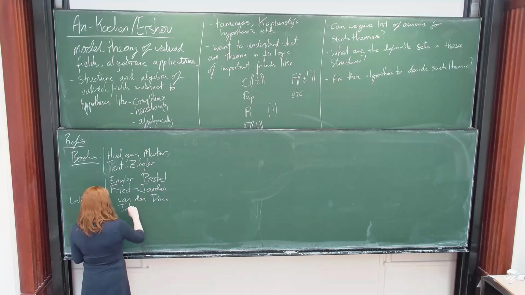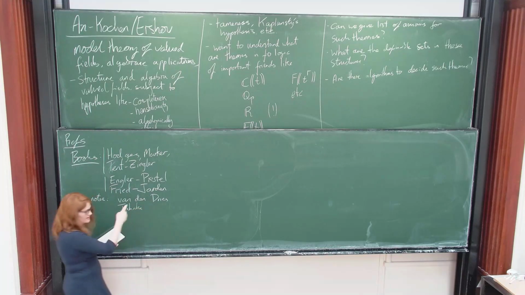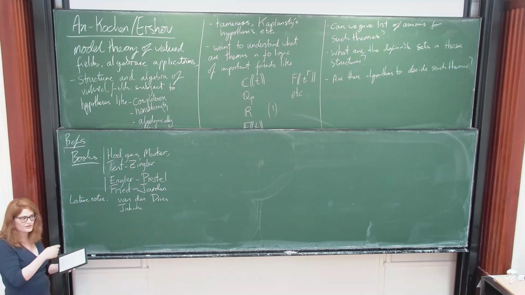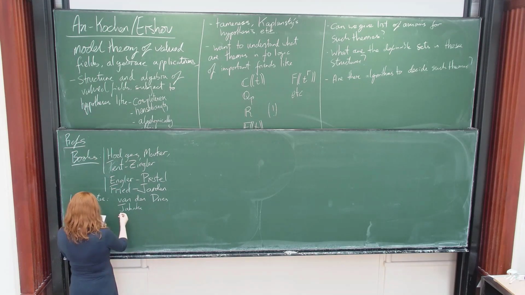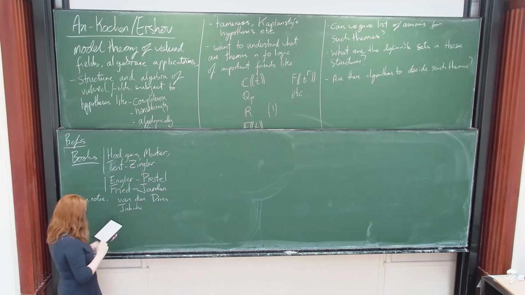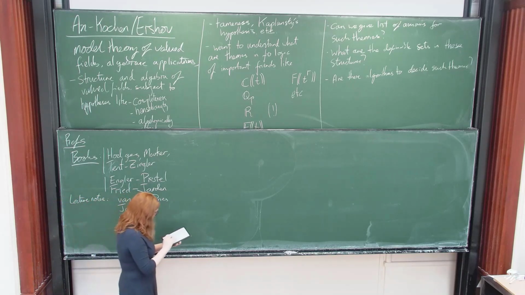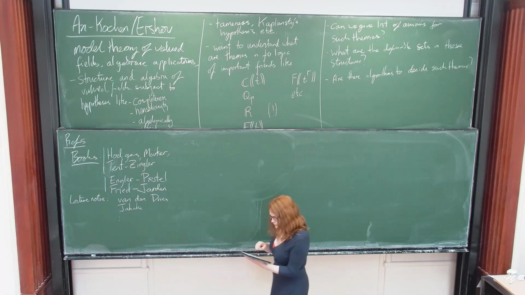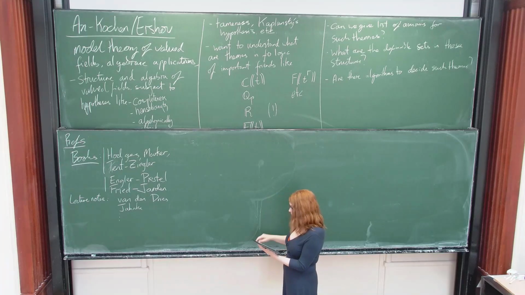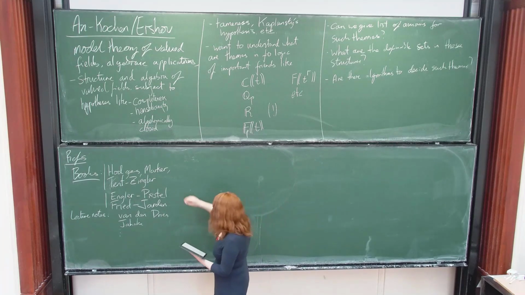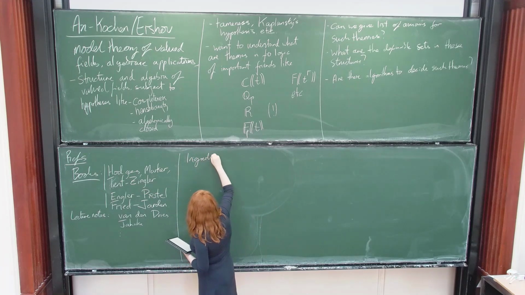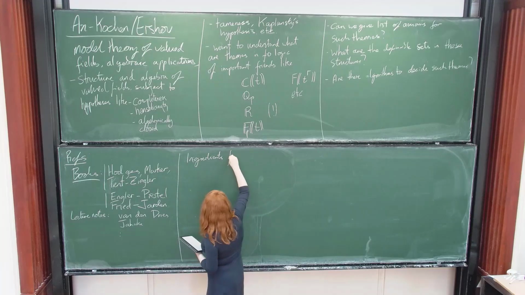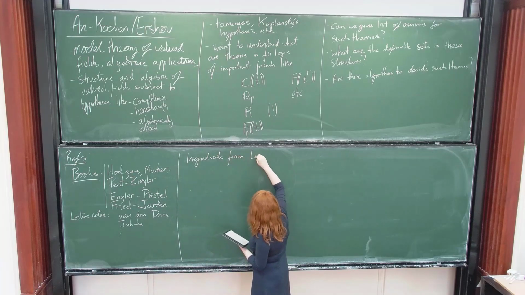Franziska Jahnke also has some lecture notes. These are more clearly referenced in the online version of this that I'll also make available. And there are various others. Okay. So, let's start with some ingredients from logic and model theory.